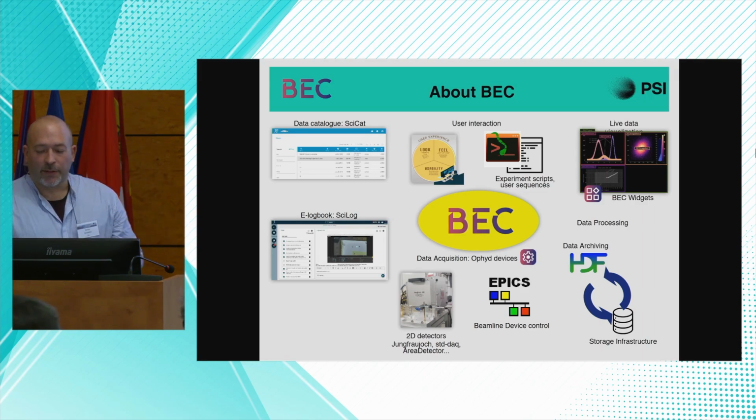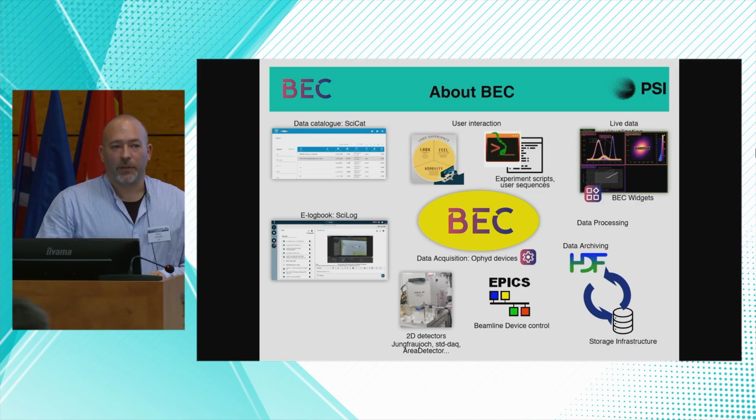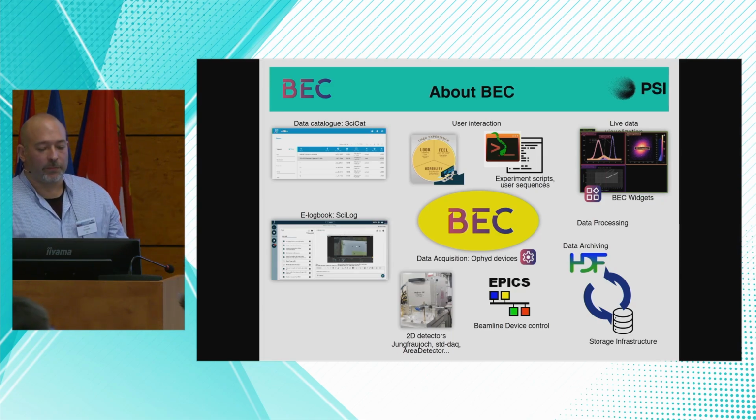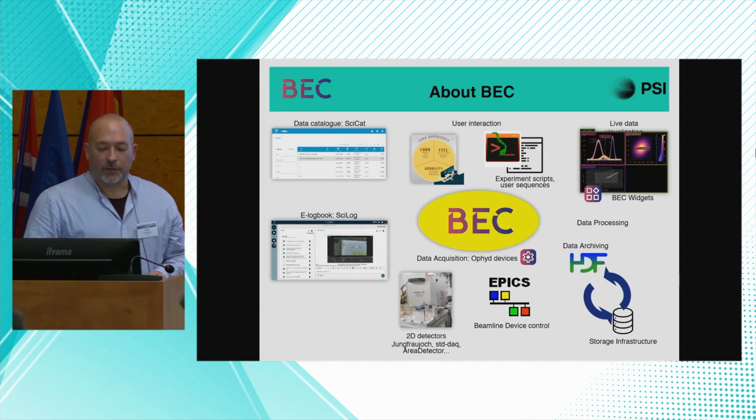Then there is live data visualization and graphical interfaces. Also data processing, data archiving, interaction with users, so via command line interface, scripts and everything. And also linked to SciCat and data policy and electronic logbooks.